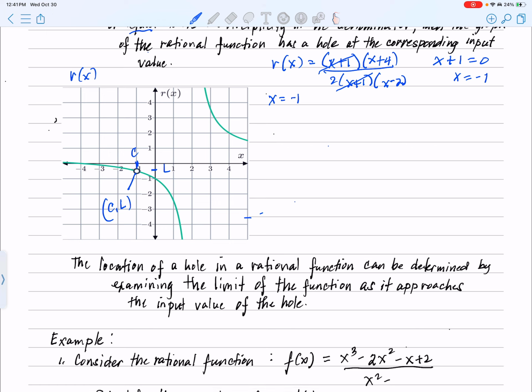So we examine the limits as x approaches negative 1 from the left or from the right of negative 1. We're going to start from the left.